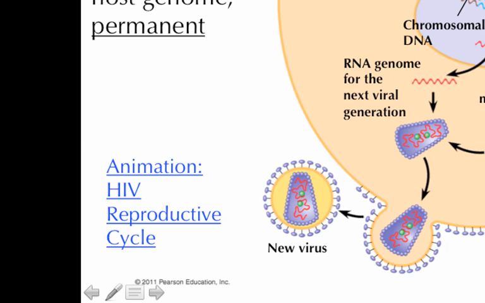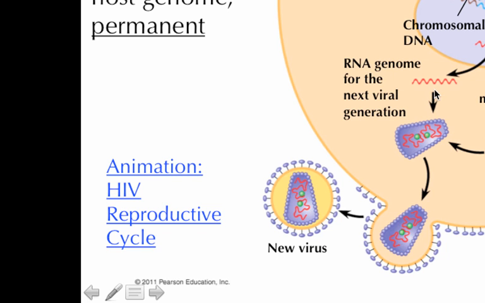So what happens is that the provirus, the DNA sequence now of the virus, is going to be read when the chromosomes are expressing genes. Those are going to make mRNA, like the normal pathway in an animal cell. Some of that mRNA is read in order to make capsids, glycoproteins.